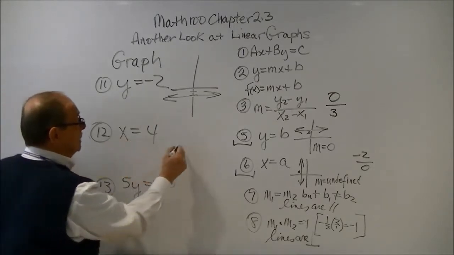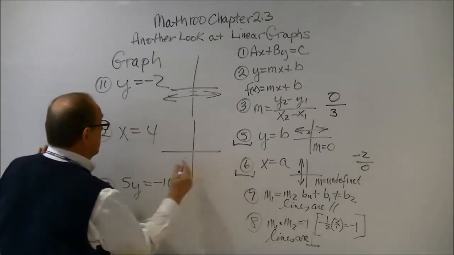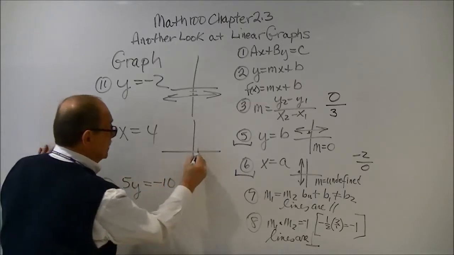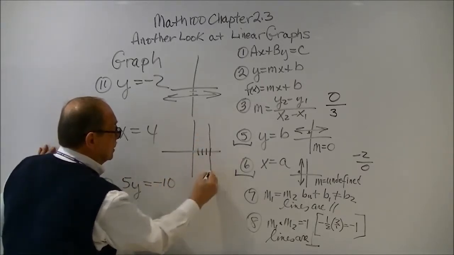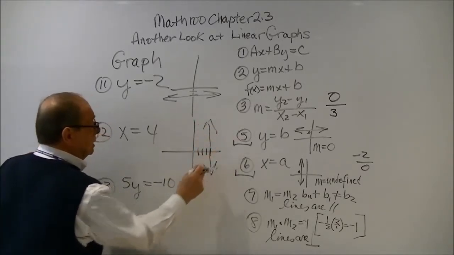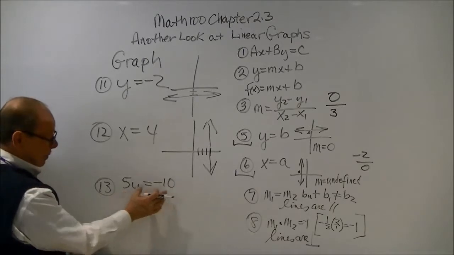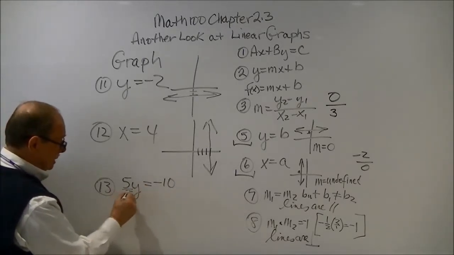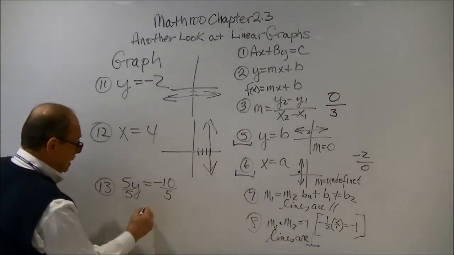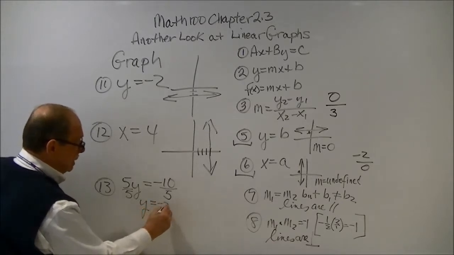X equals negative 4, positive 4, vertical line through 4. Now for number 13, we have to find out what y equals. We divide both sides by 5, and we get y equals negative 2.